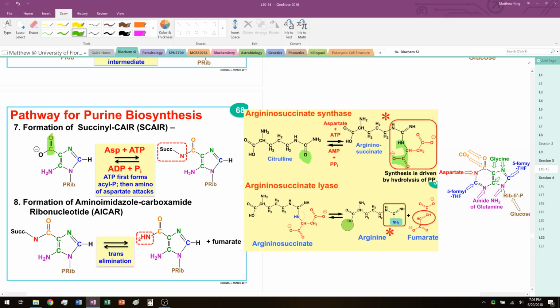There's going to be a trans elimination, and we can see it right here. Whenever you have this linkage, the electrons are going to want to join the parent molecule again, because we're trying to kick out succinate. Notice that before we have succinate, and over here we do not.